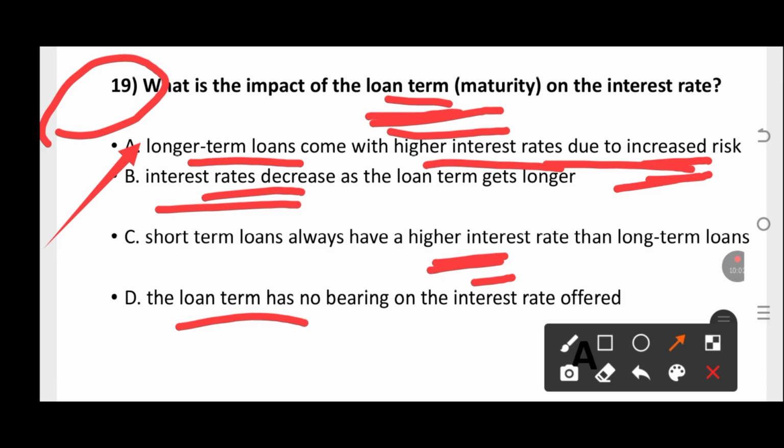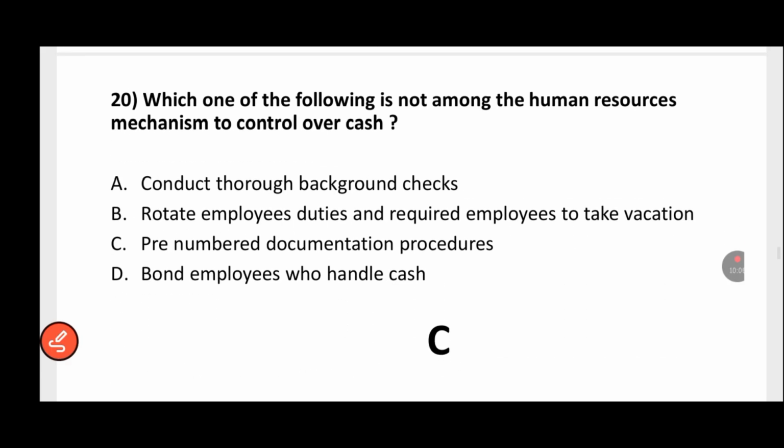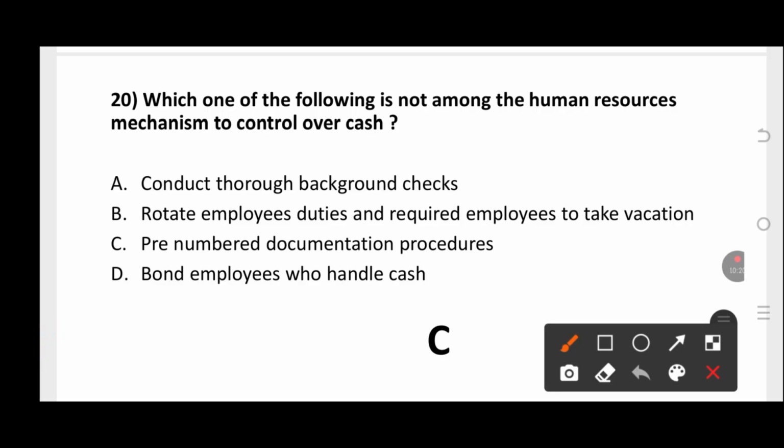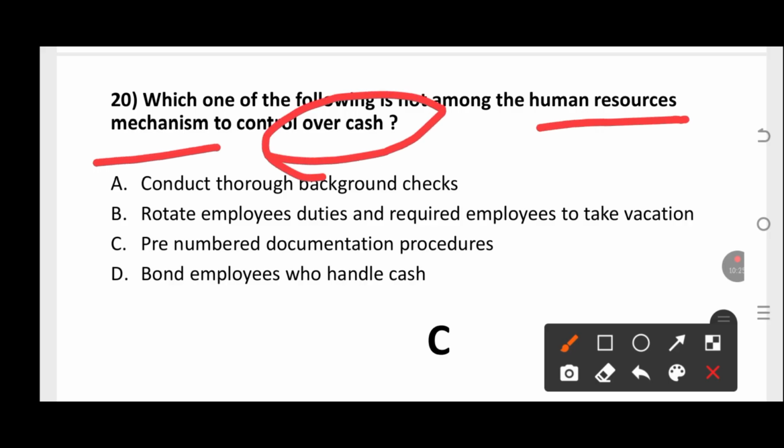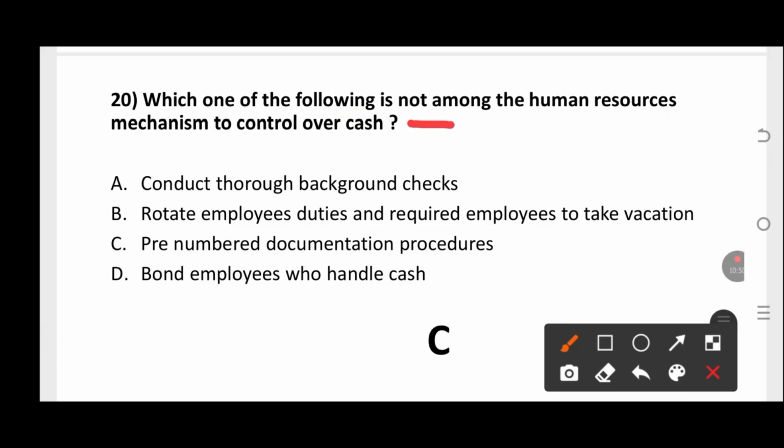Okay, let's continue. The 20th question. Which one of the following is not among the human resources mechanisms to control cash? You have to underline "not".